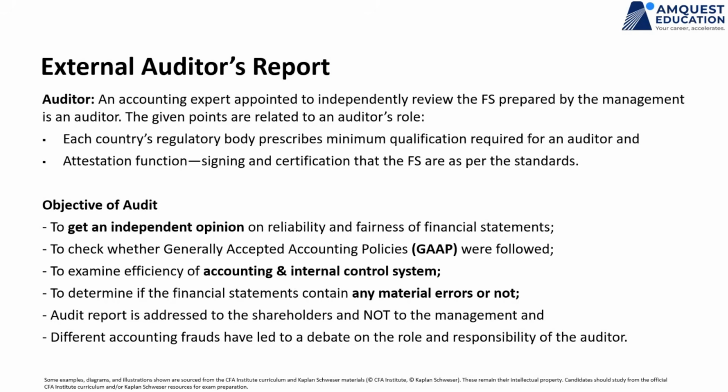They should check that generally accepted accounting principles were followed, and examine the efficiency of accounting and internal control systems. Internal control systems came under the Sarbanes-Oxley Act, right after the 2008-9 crisis, and specifically after the Enron case before that.